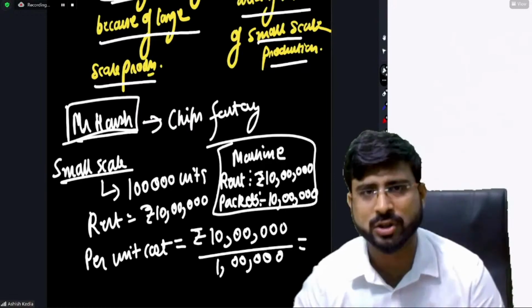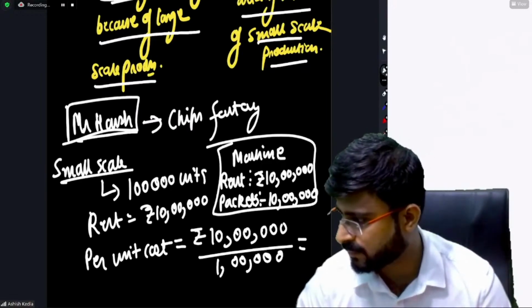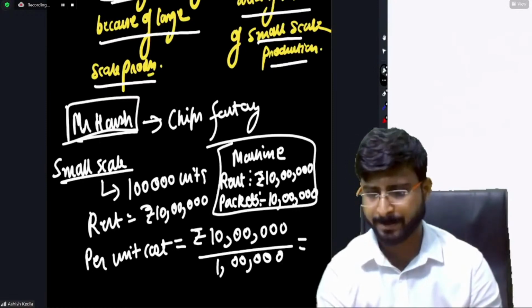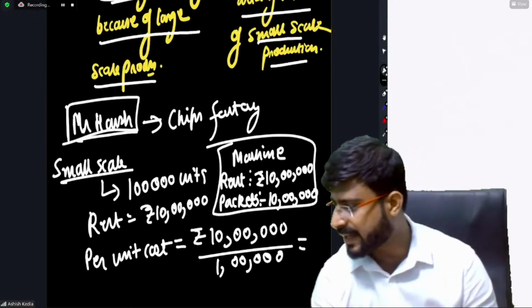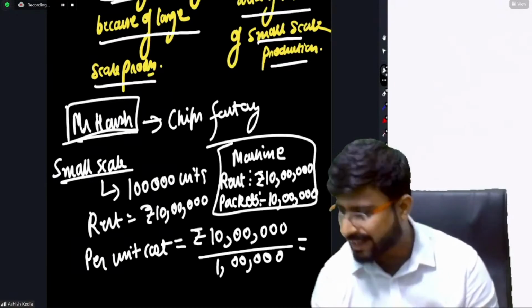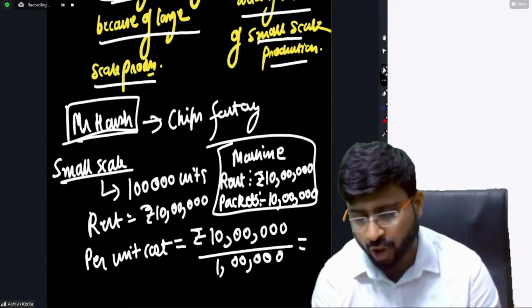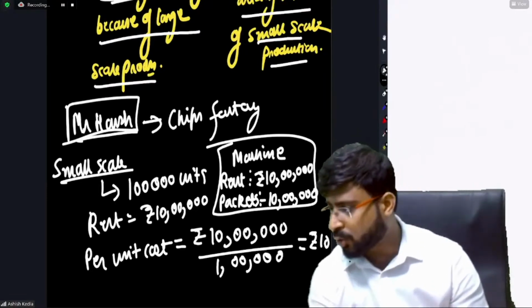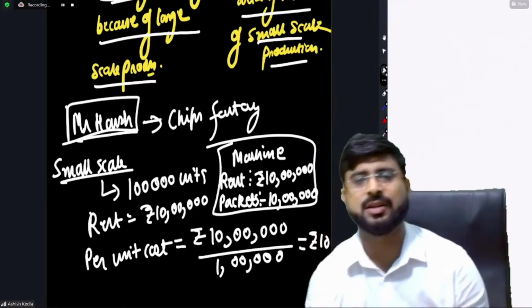Yes, you people are correct. Sir, when we divide 10 lakh by 1 lakh, our per unit cost comes to rupees 10.